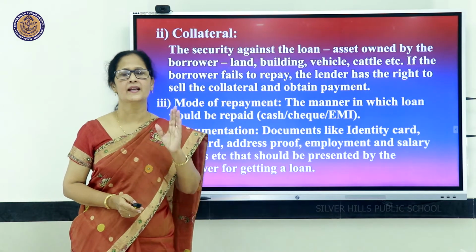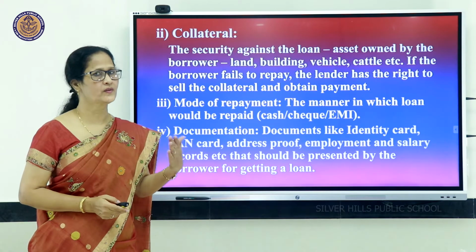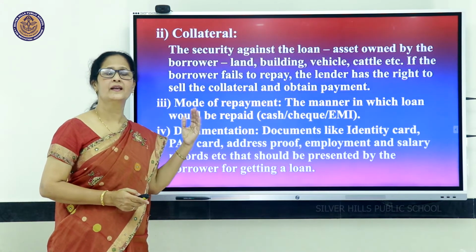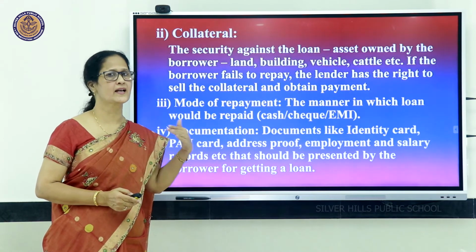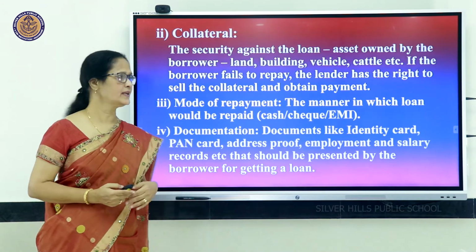That is why the lenders insist on collateral. If the borrower fails to repay the amount on time, the lender has all the right to sell that collateral and obtain repayment.